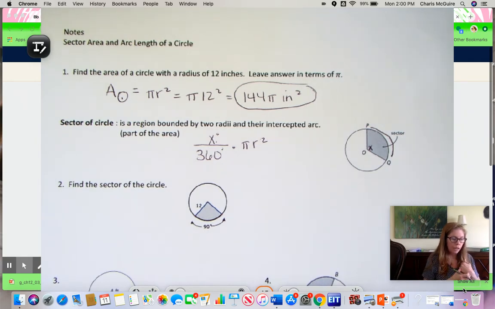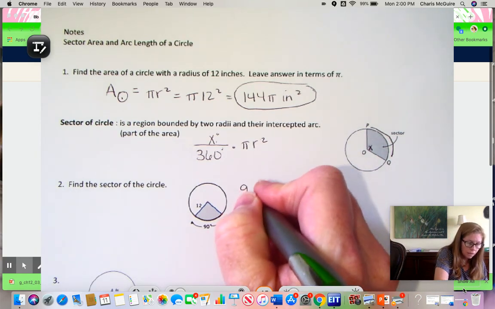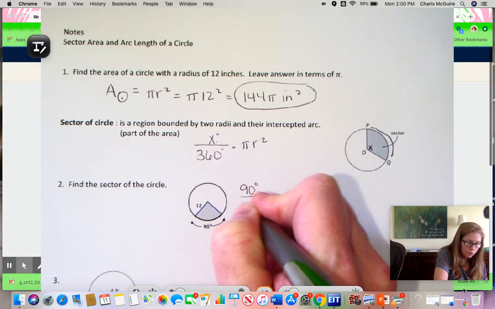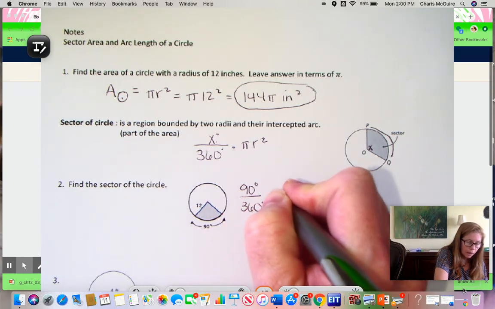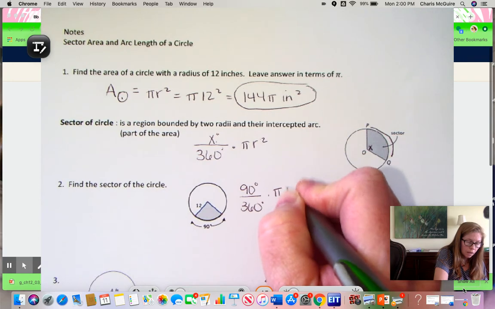So take a look at number two. Number two, I started off with something easy. It gives you 90 degrees. Hopefully you're thinking in your head like, hey, I know that 90 degrees is a quarter of my circle. But you might find that out if you did 90 out of the total 360 times pi, and this one has a radius of 12 squared.